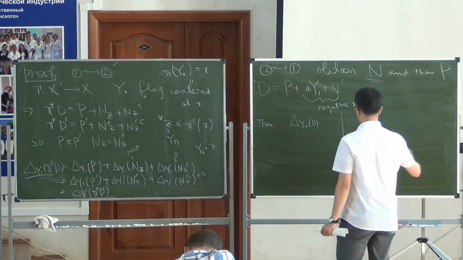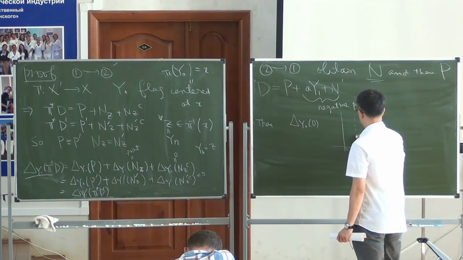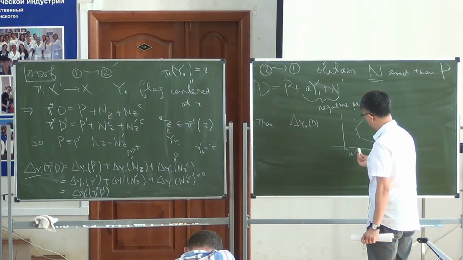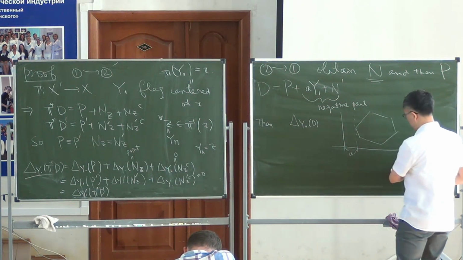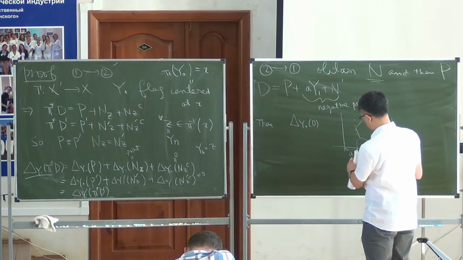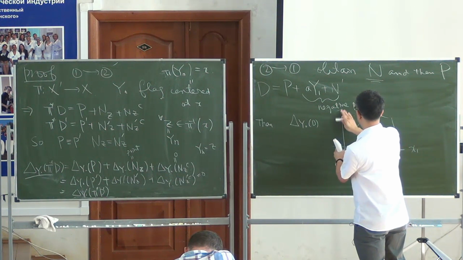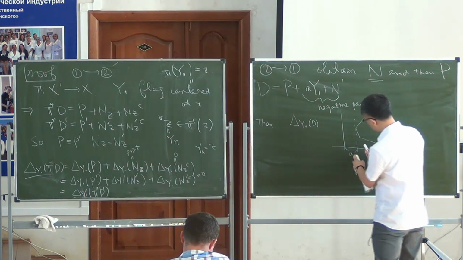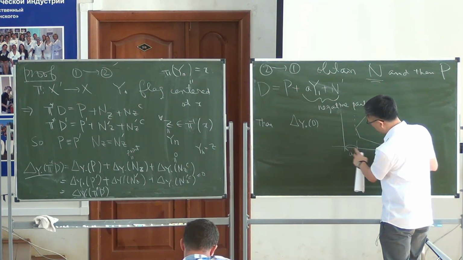your Okounkov body looks like this. So when you look at the first axis, I mean, you project this onto the x-axis and take the distance from the origin.